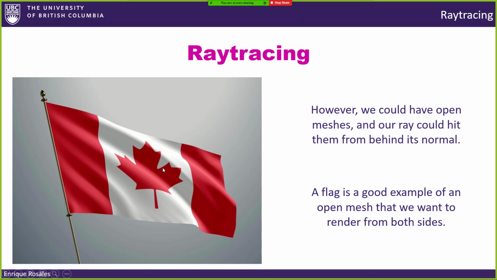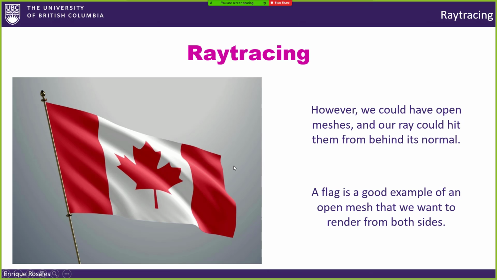Now, what I'm saying here is, imagine the mesh of this flag. This will be an open mesh, right? Because it is an open mesh, if that mesh is properly created, all the normals of the triangles are pointing either on this side or the other side, if everything is unified.